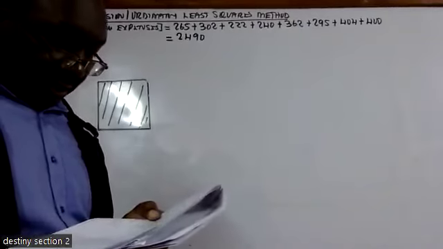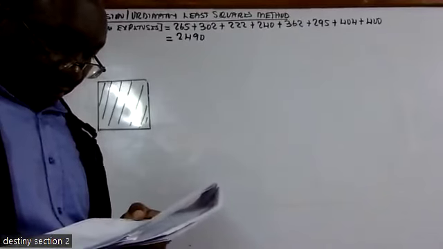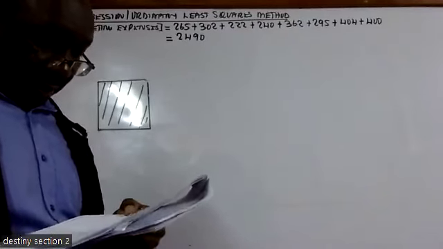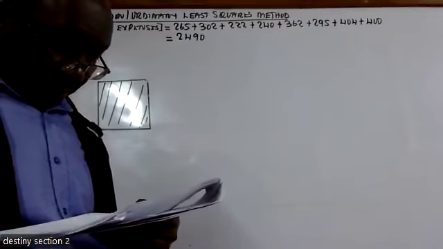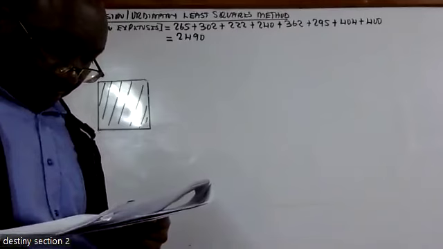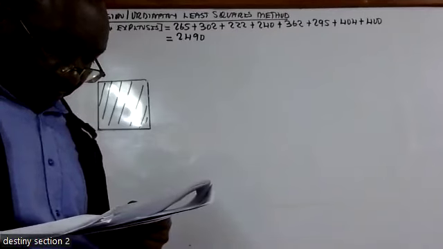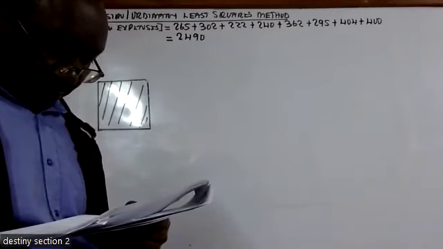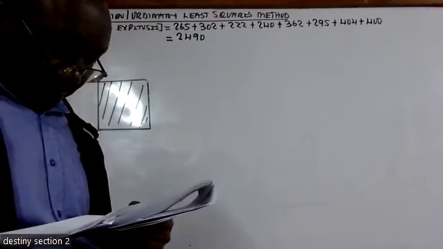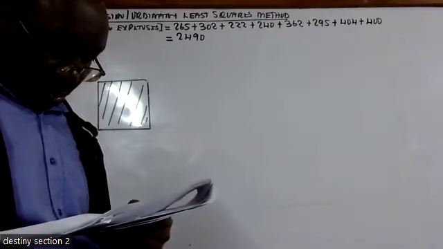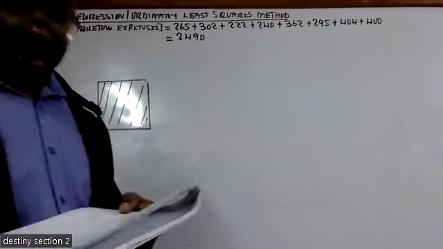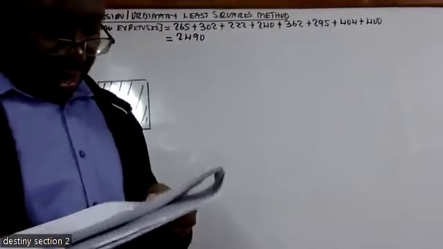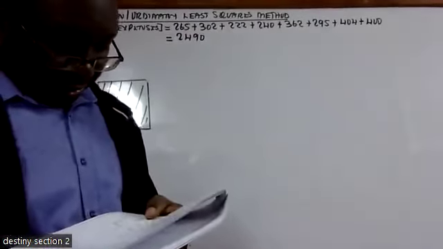It comes to 188. I don't know where they are getting that now. If we are getting 188, and you see there they have given 4640.